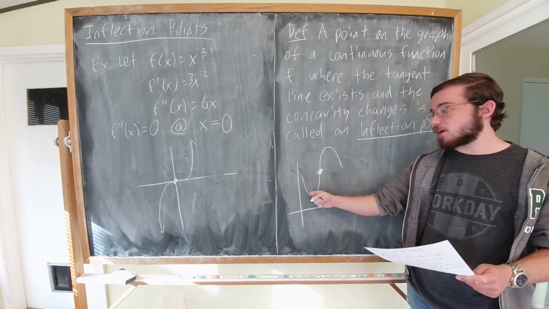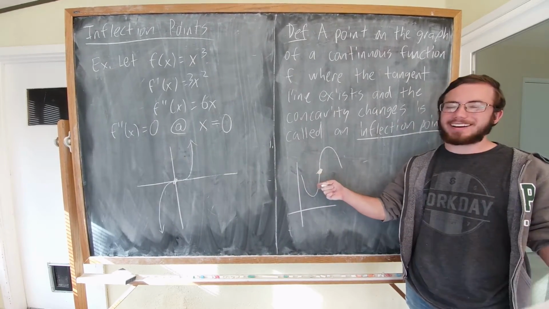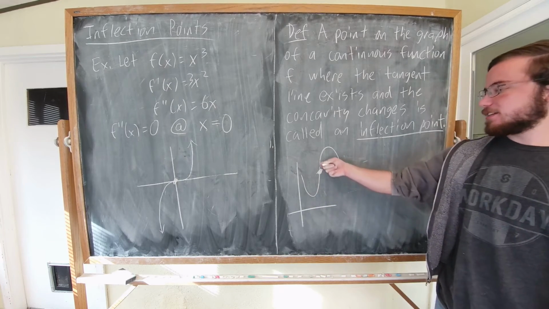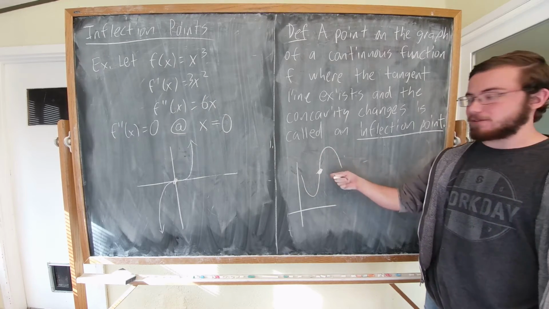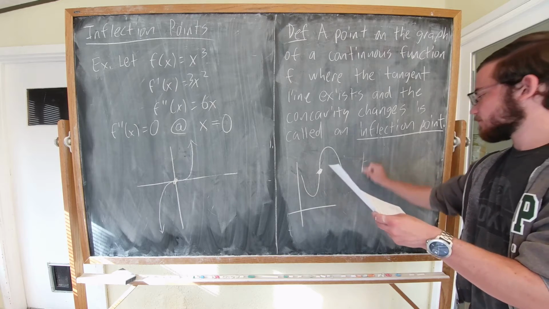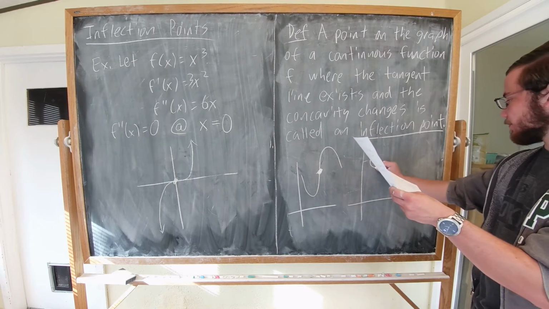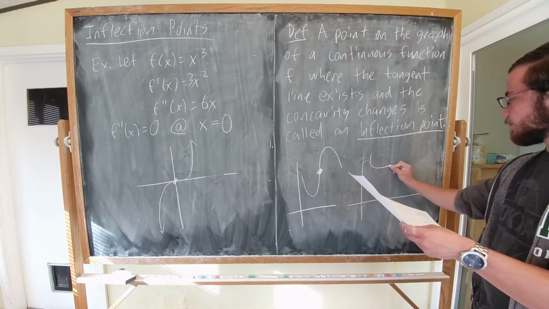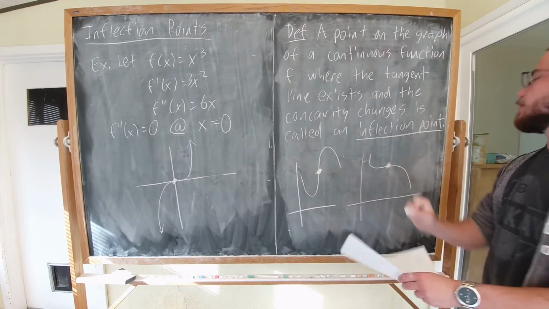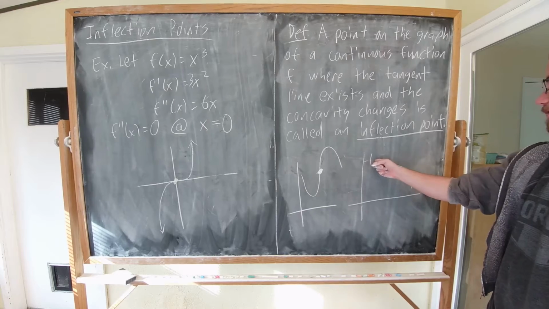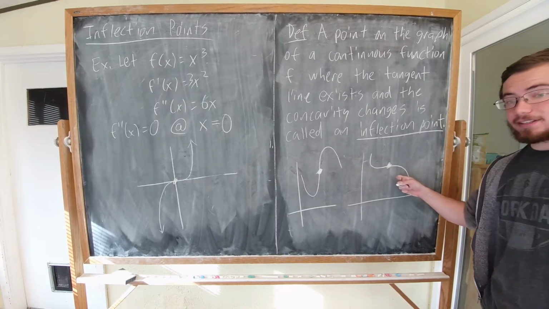We're going from concave up, which kind of looks like a smiley face, to concave down, which kind of looks like a frown. Or maybe you could talk about something that looks like that, where we're going from concave up to concave downwards.